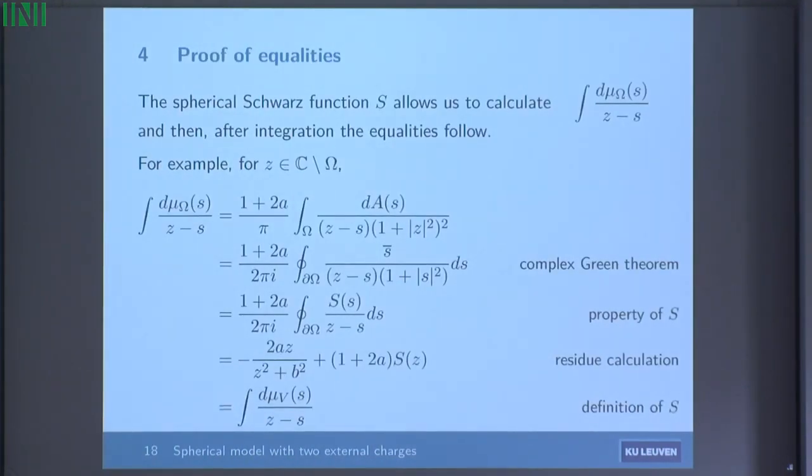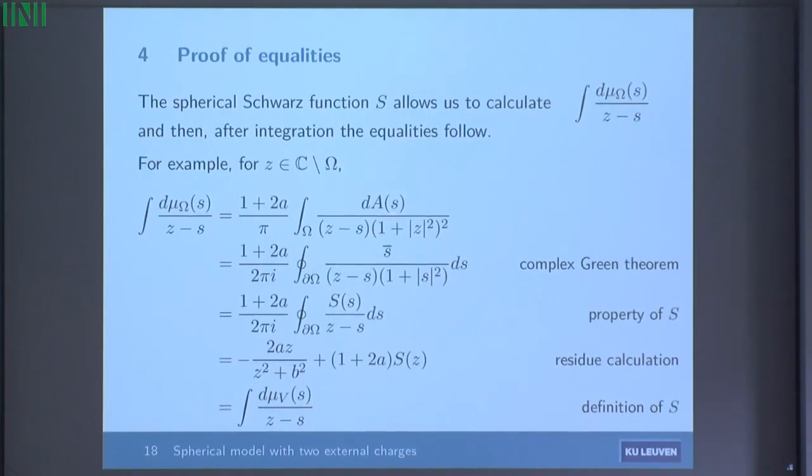Okay, so let's look at this proof of the equalities. We're going to use some tools from our toolbox from complex analysis, right? So this spherical Schwarz function allows us to calculate the Cauchy transform of this measure on omega with the spherical metric here.